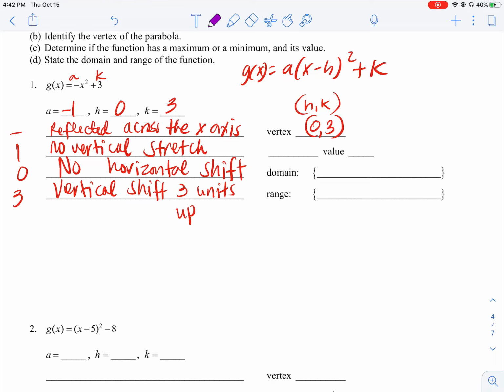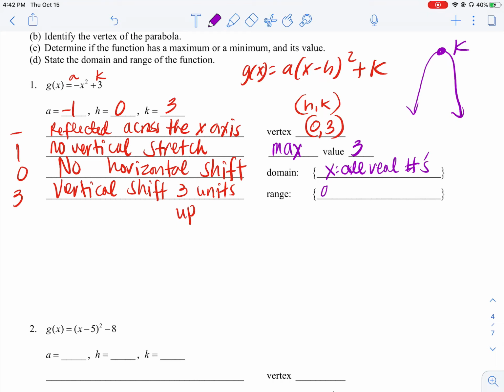Because my A is negative, I know this graph is facing down. So is that a minimum value or a maximum value? We have a max value of K, which is 3. And then we have all real numbers.